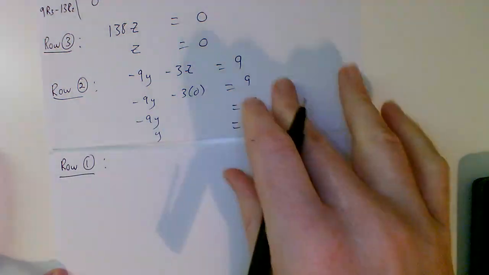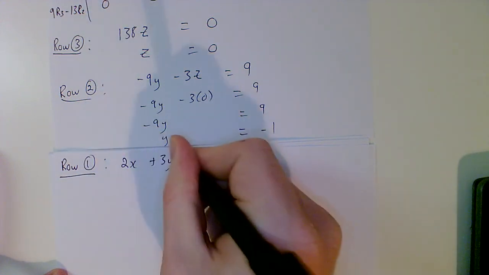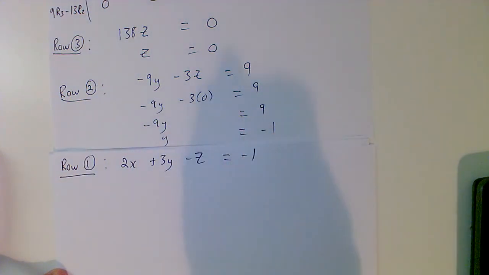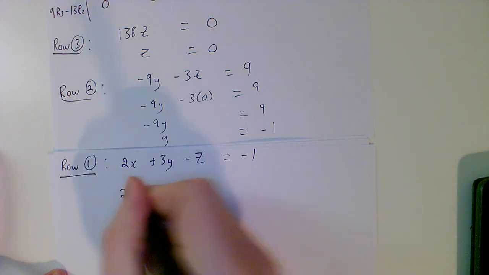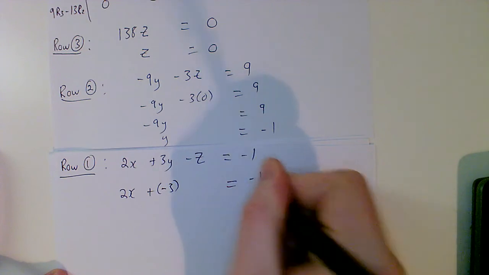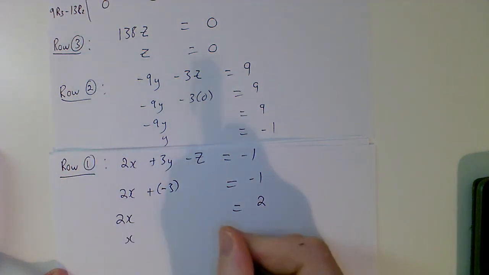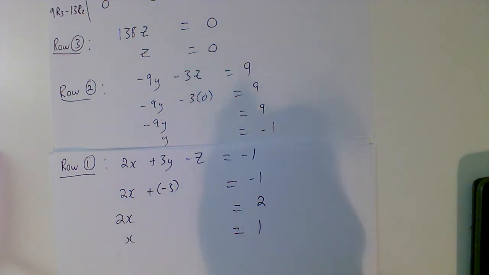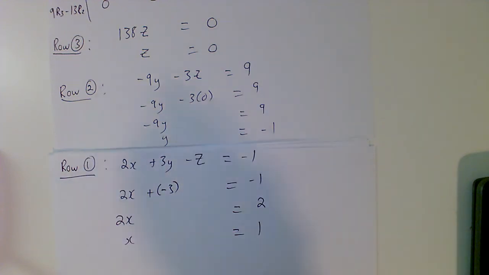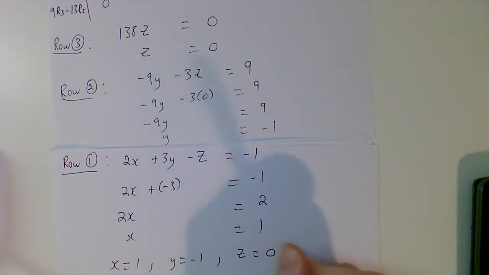Then row 1. So finally I just get that x is 1. So final answer, if you want, x equals 1, y equals -1, z equals 0.